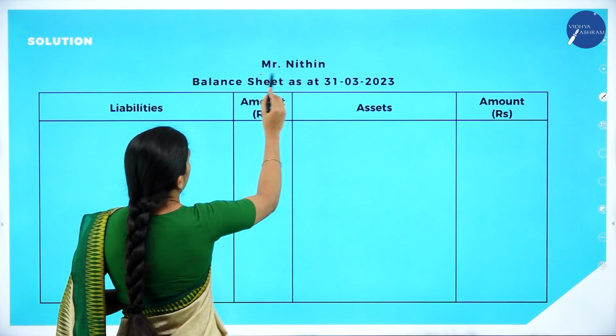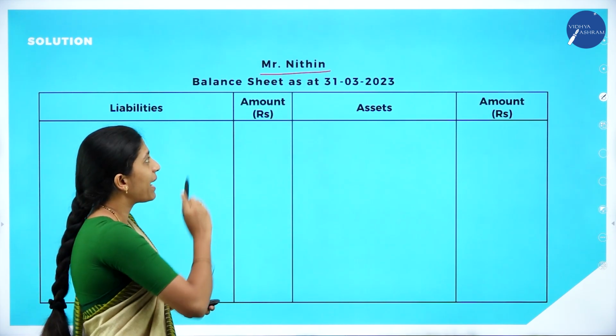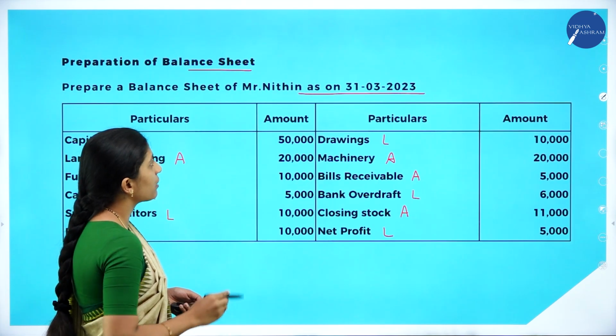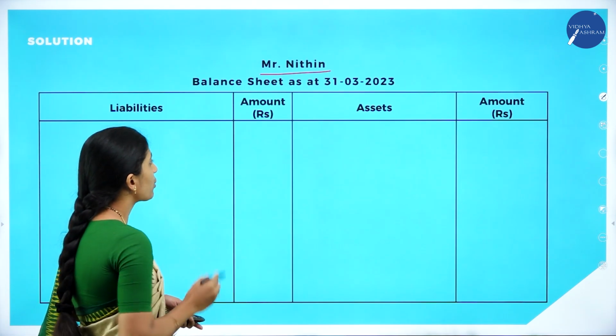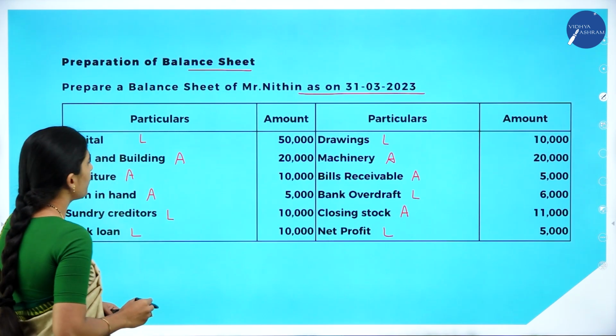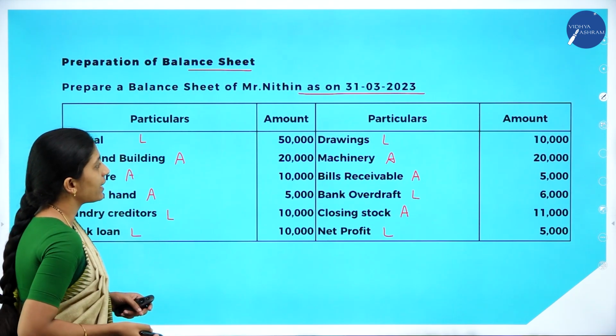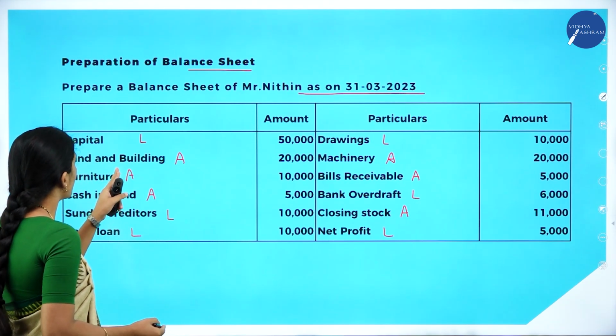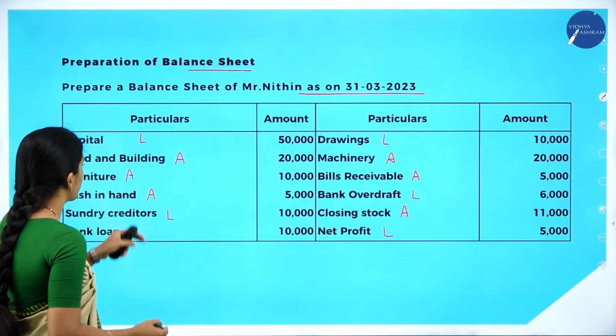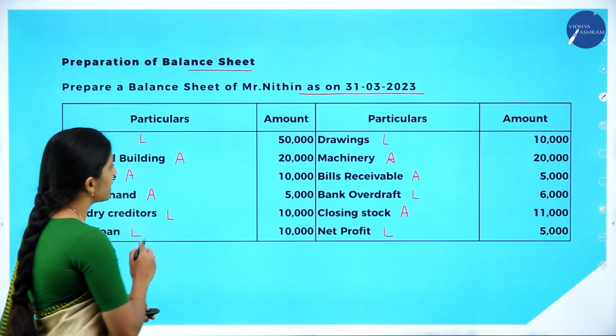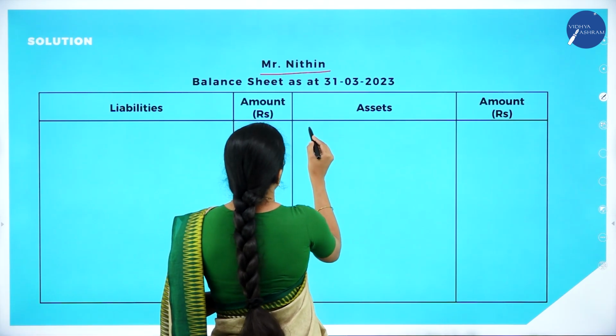So write the name of the person, Mr. Nitin, and balance sheet as on 31st March 2023. Okay, now we have capital. First we shall record all the assets. We shall begin with the current assets. Cash in hand is a current asset, so cash in hand 5,000.